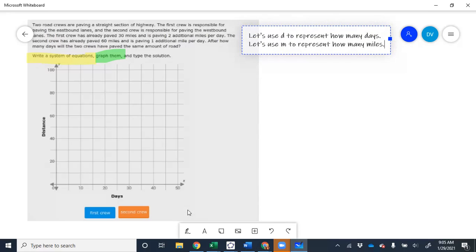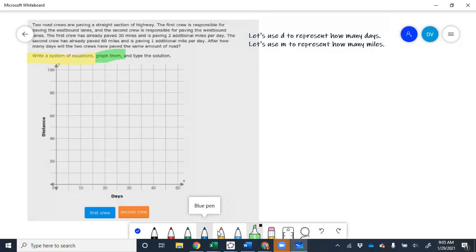Now we can set up our two equations. We'll do one in blue. The first one, the first crew, in blue. Let's see here.